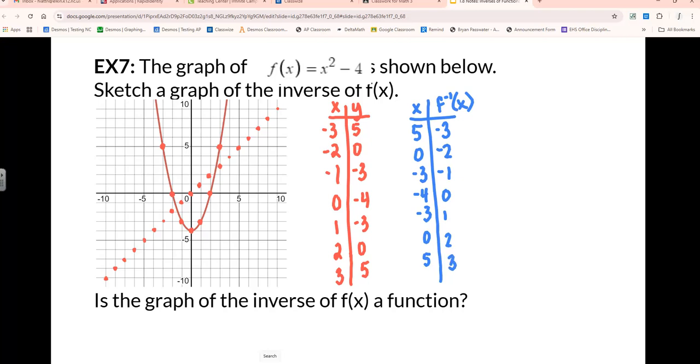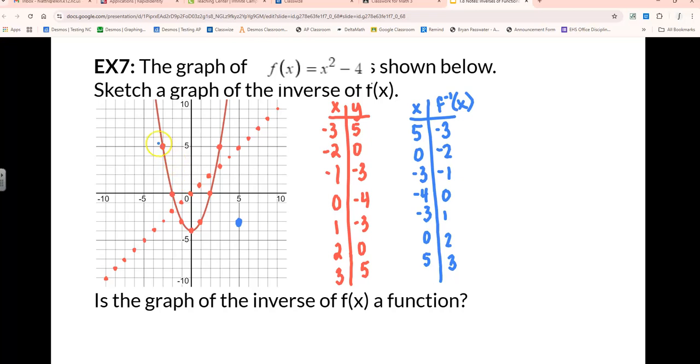I'm just going to flip the x's and y's. The point that was negative 3, 5, that's this point right here, becomes 5, negative 3. So 5, negative 3 is right here. It is flipped across that line right there. You can see it's the same distance away.